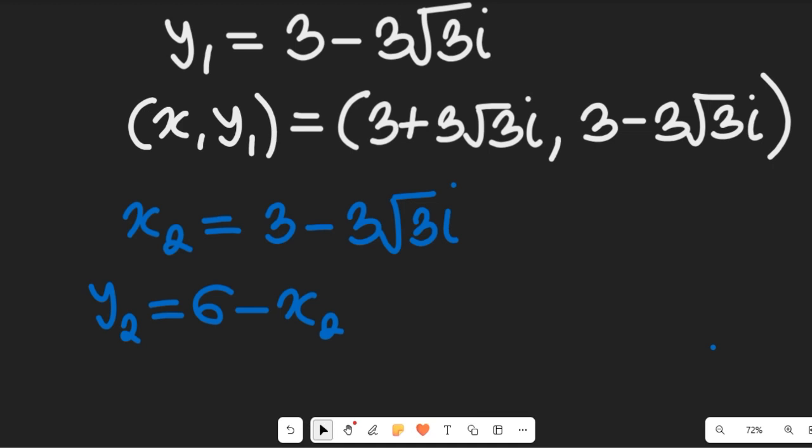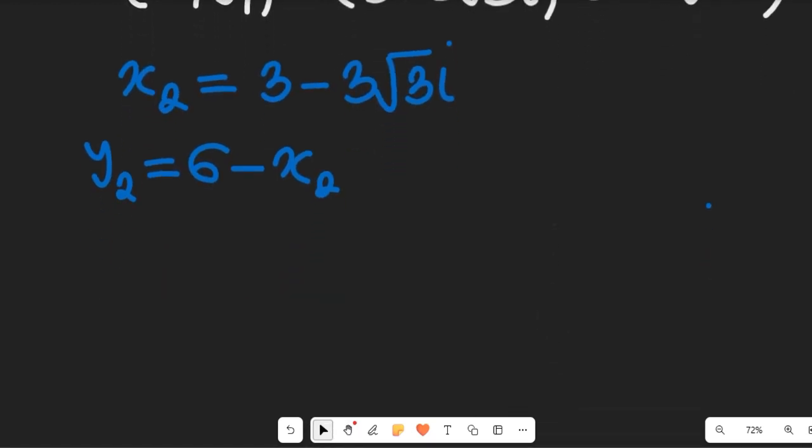And from that expression, we can find the value of our y2.